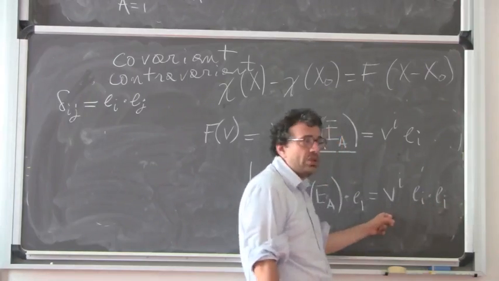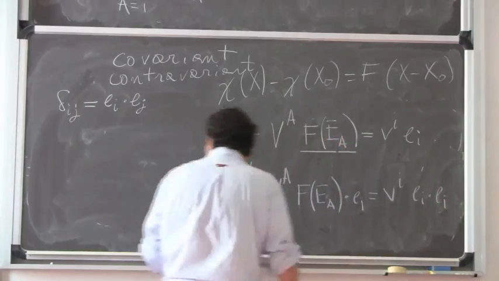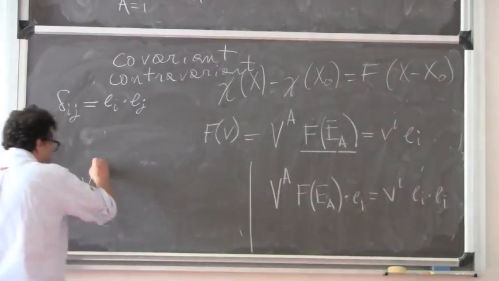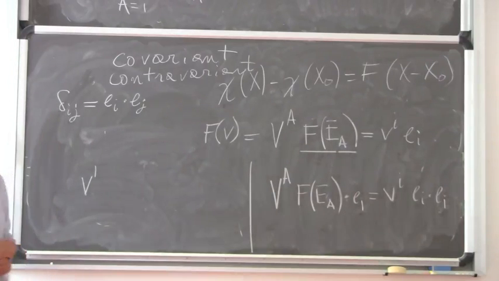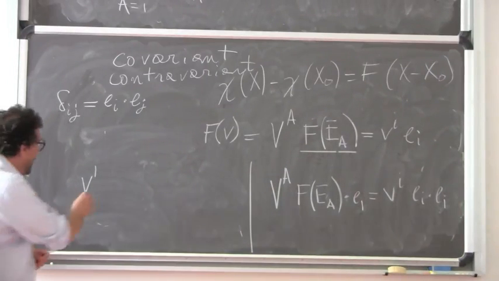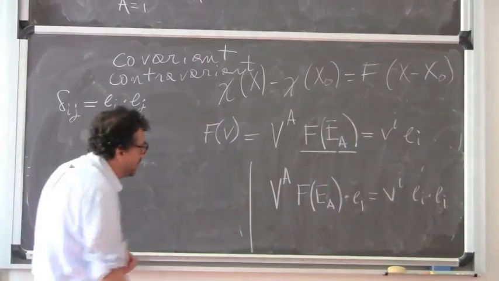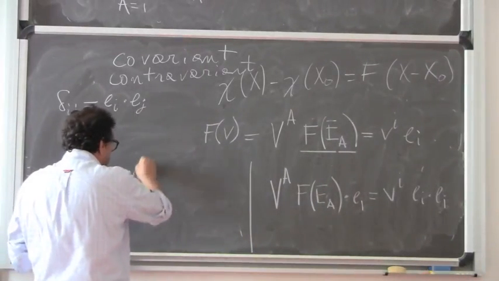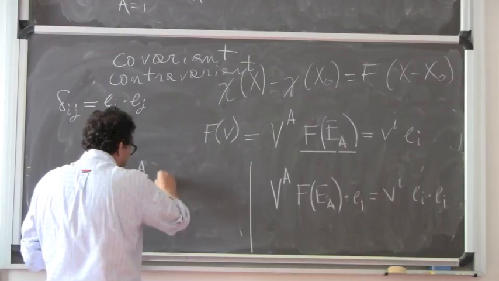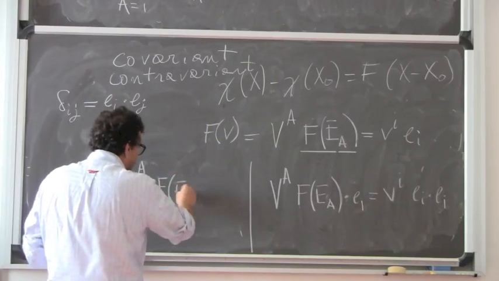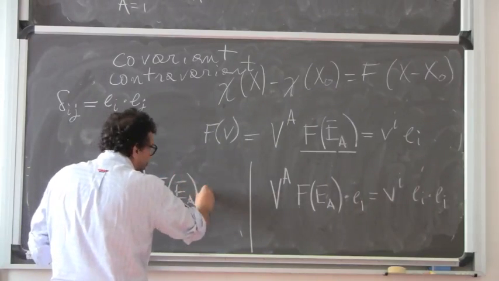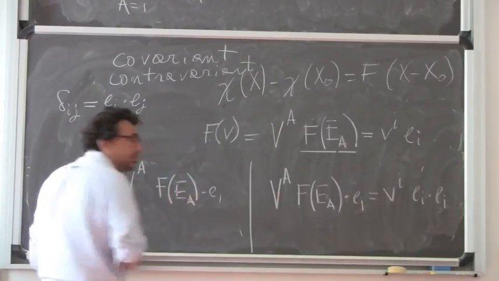So the only surviving term is V1. This is equal to V^A F(E_A) dot E1.